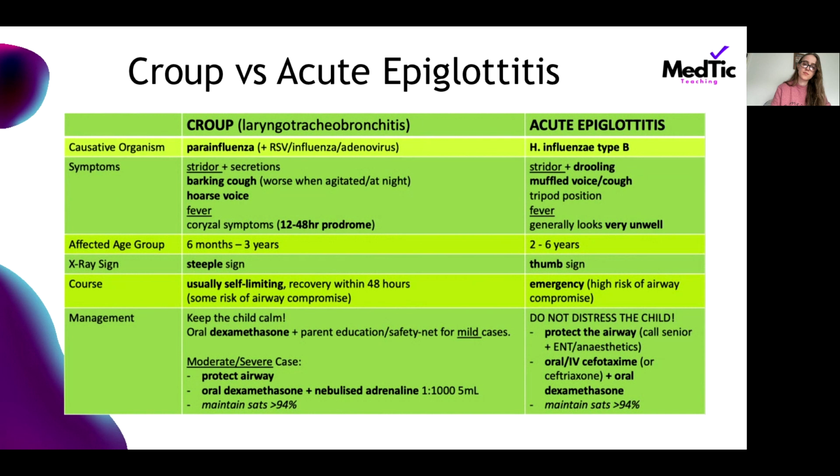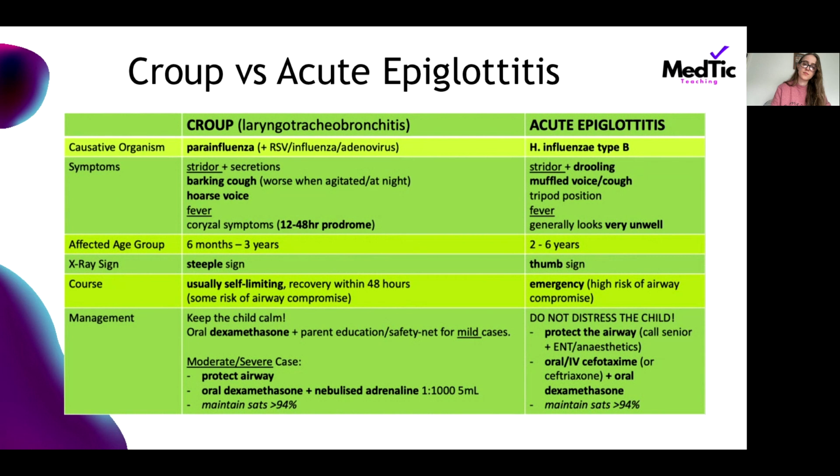Education for croup is stay off school while the child's febrile, good hygiene measures, give them paracetamol at home, comfort them, give them fluids. They don't need to inhale any steam or have any cold medicines. And if they're not getting better after 48 hours, or they get very noisy breathing, they need to be brought in urgently. Or if they start struggling to breathe or they turn blue, call an ambulance.